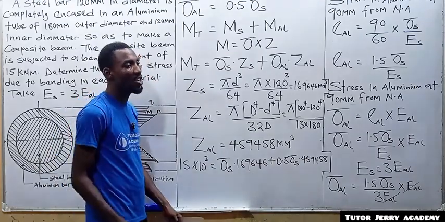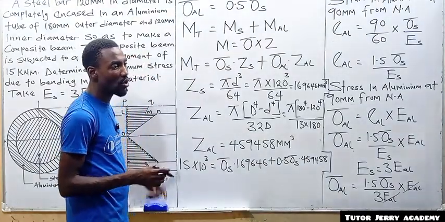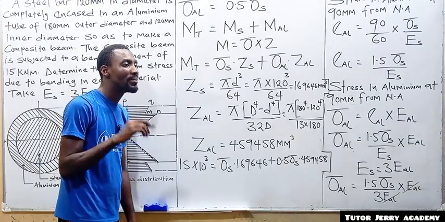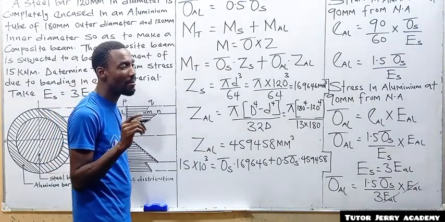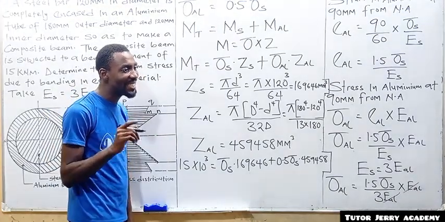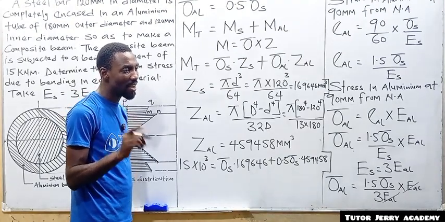So if you do that, what are we going to have? You are definitely going to have this to be the stress in the steel multiplied by 10 to the power of minus 9 multiplied by 399375.